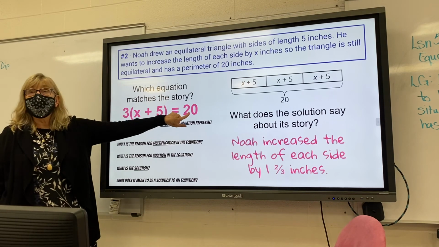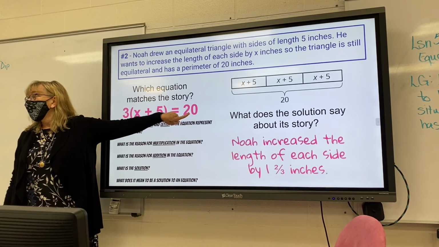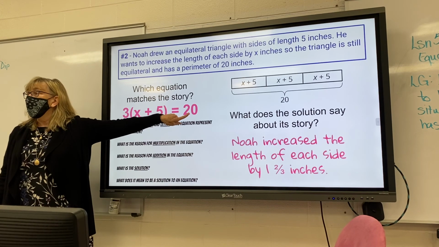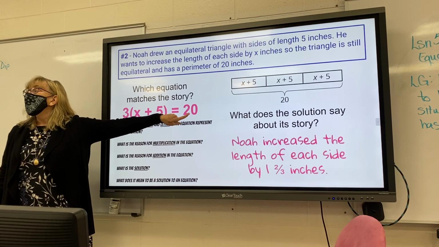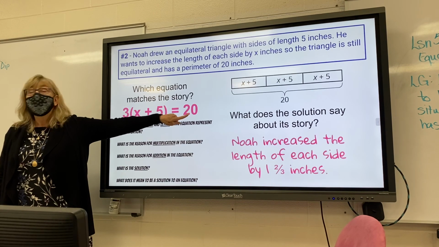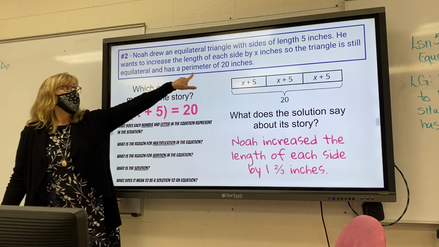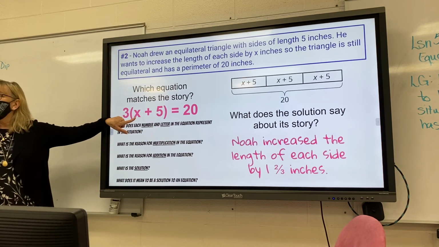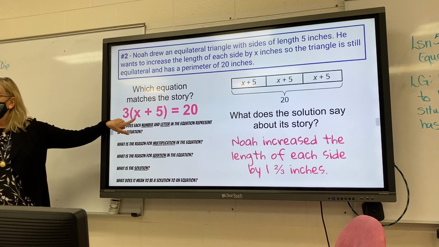Why do we have 20 to mark? What's 20 in this problem? The overall total that we have to have. And what is that total called in this problem? Perimeter. That's the perimeter. What does the X represent? Natalie? The length of each side that was increased.